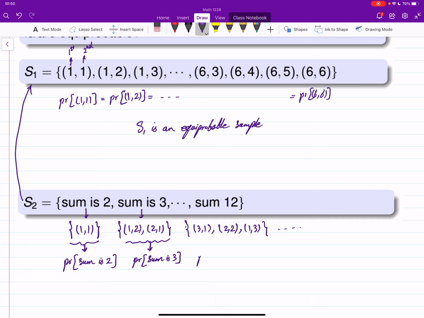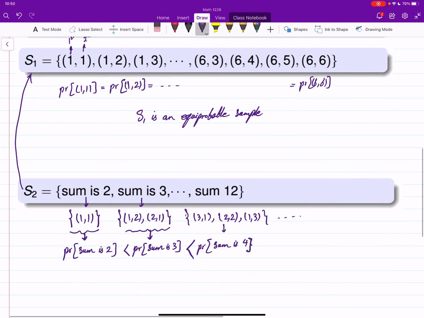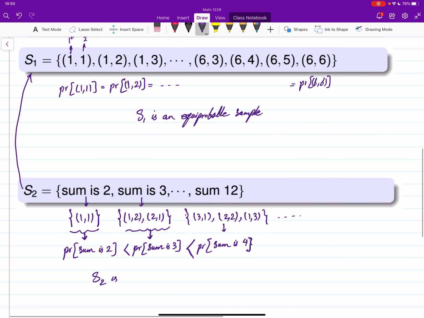The probability of sum being 4 will come out of 3 of these. So as you can see, this has larger probability. There are more possibilities to get sum 4 than to get sum 3 or sum 2. So this means that obviously S2 is not equiprobable.